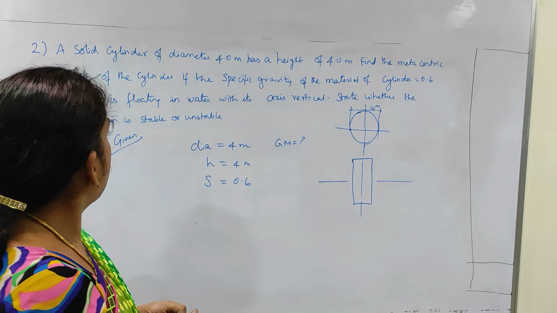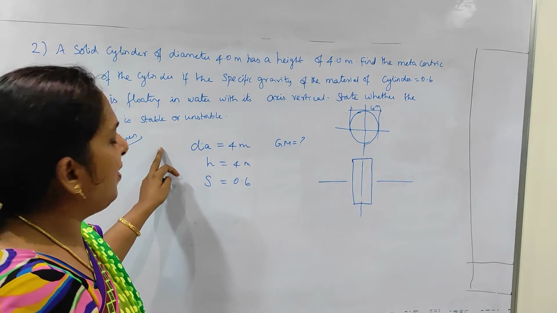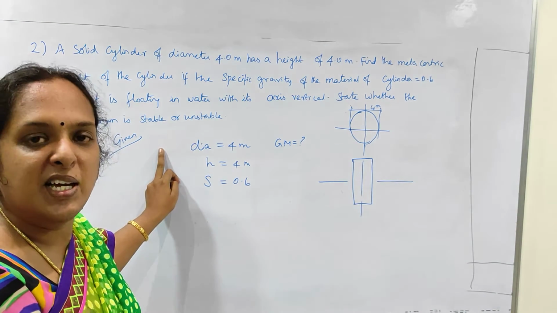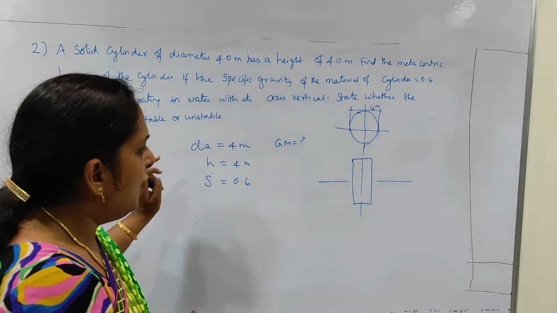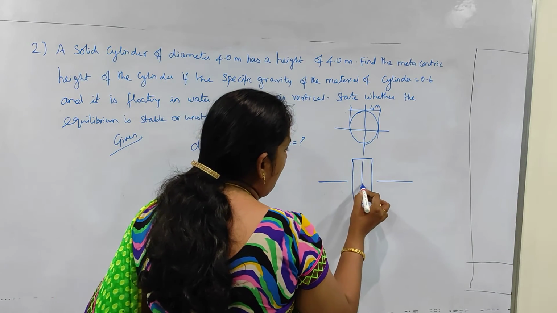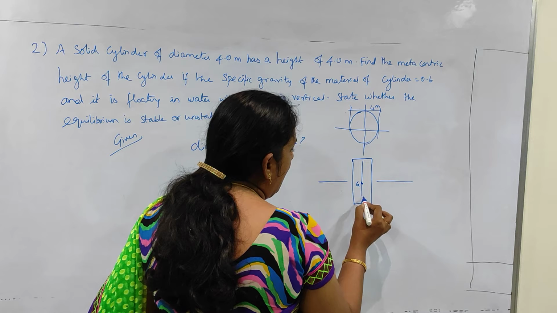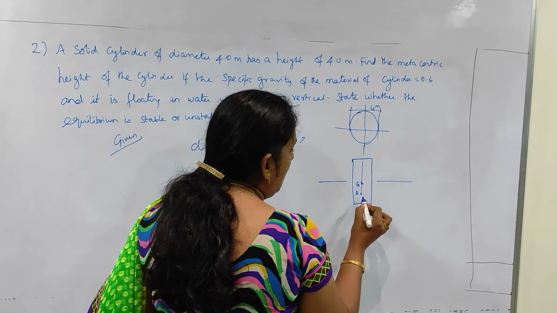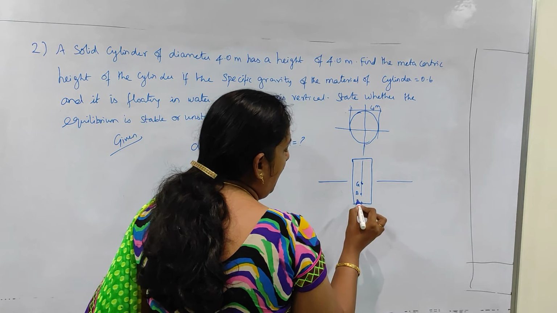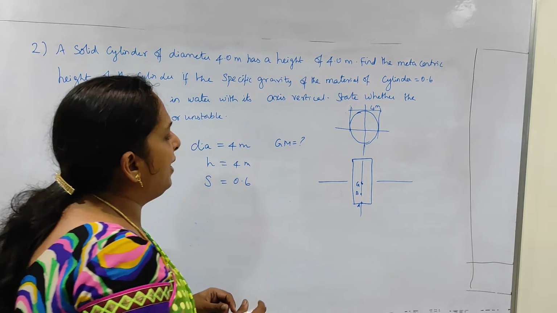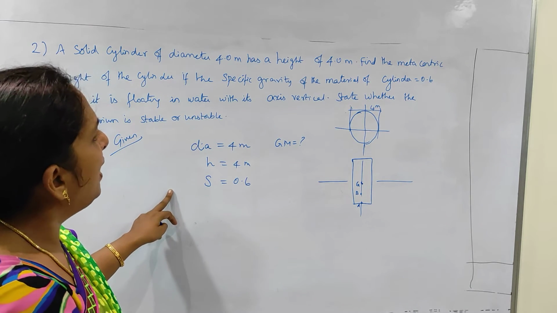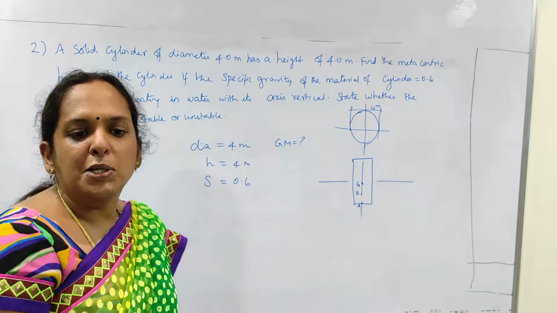Now they are asking us to find out whether the equilibrium is stable or unstable. The center of gravity here will be G, this will be your buoyancy force B, and this is your bottom A. Now we have to find the depth of this cylinder in water.